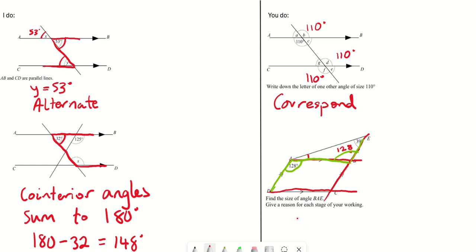Therefore, I can do 128 plus 39, which is 167. And then because angles in a triangle add to 180, I'll do 180 take 167, and that equals 13. So angle BAE is 13 degrees.